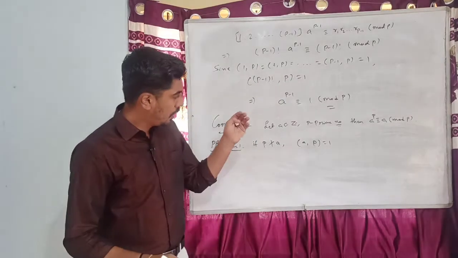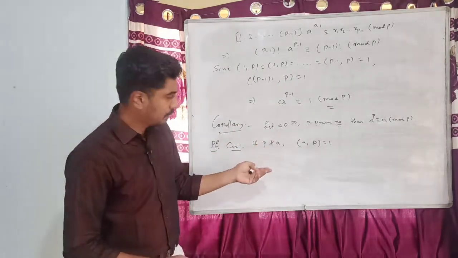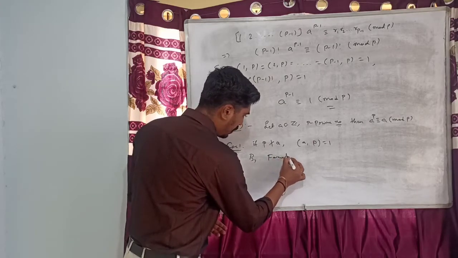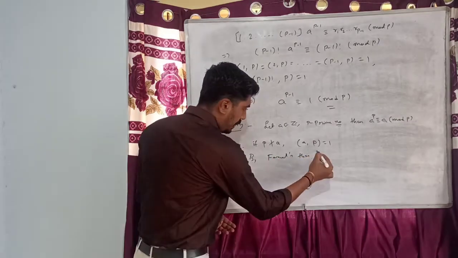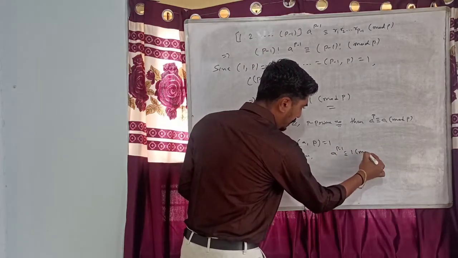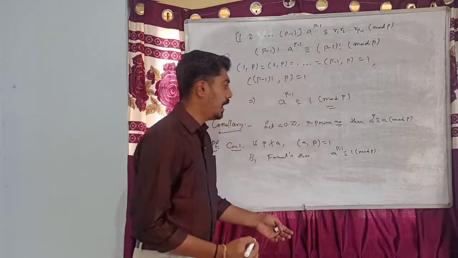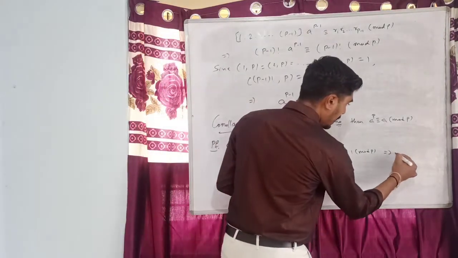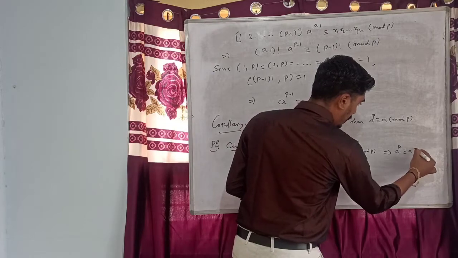So by Fermat's theorem, we have A power P minus 1 is congruent to 1 modulo P. When I multiply A on both the sides, I get here A power P congruent to A modulo P.